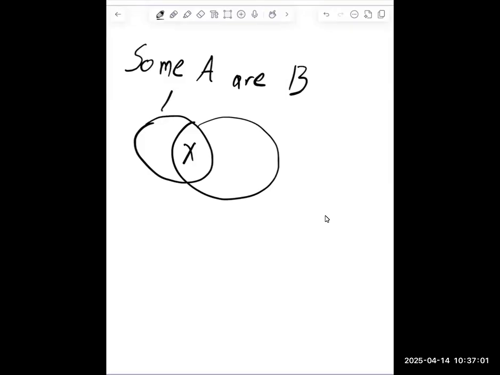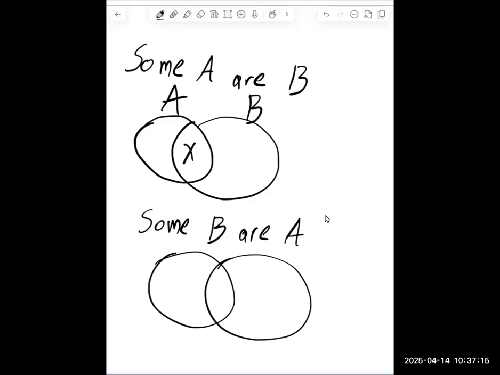Well, we draw something here where A and B overlap. What does it look like here? Some B or A? Well, same thing, right? So with some, with particular affirmation, order doesn't matter either. Some A or B, the diagram for that looks exactly like the one for some B or A, right?